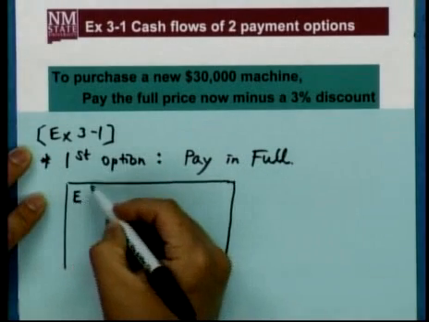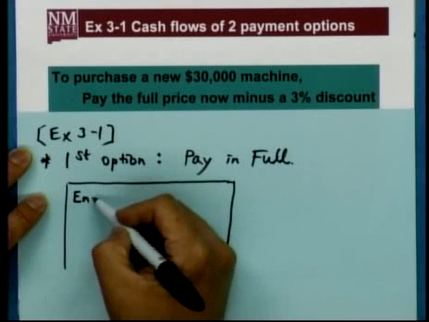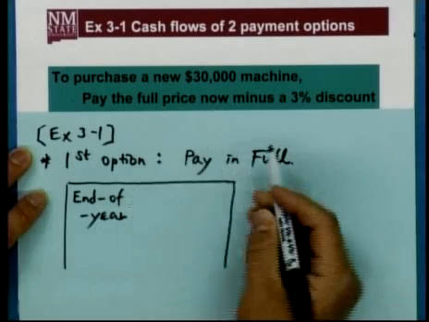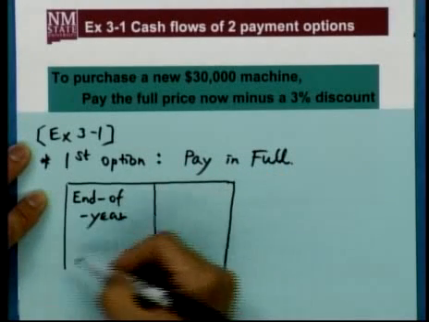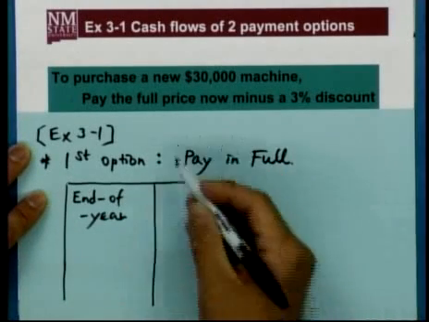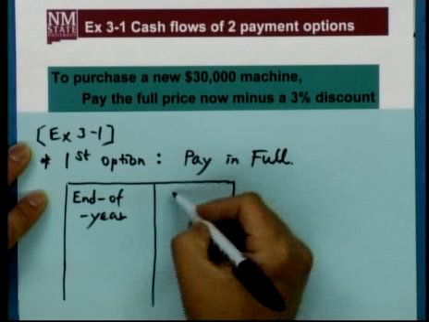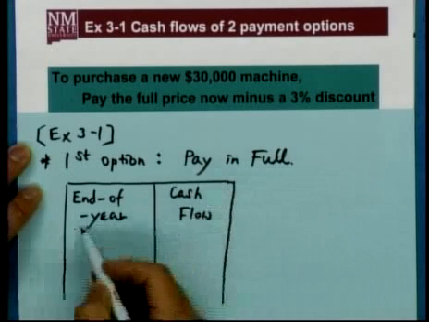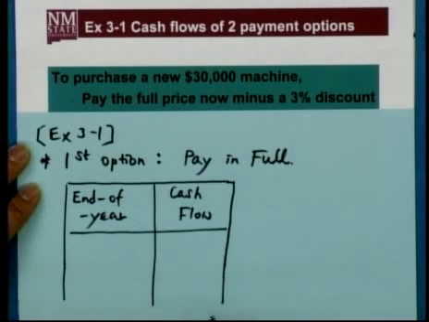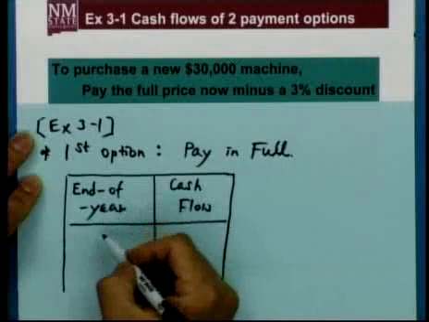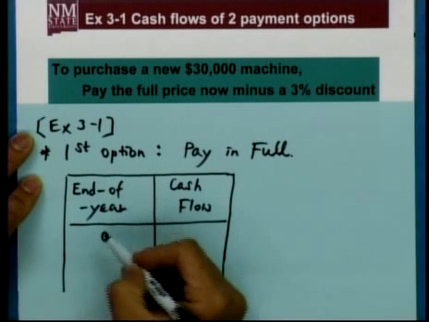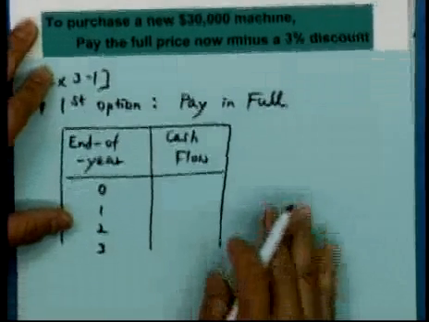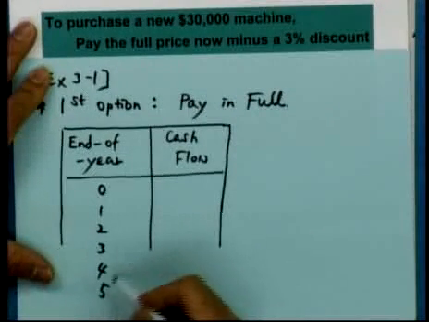The first column is the time, so again it is end of year. And the second column simply indicates the cash flow. Okay? And we are considering years from 0 to 5. Okay?